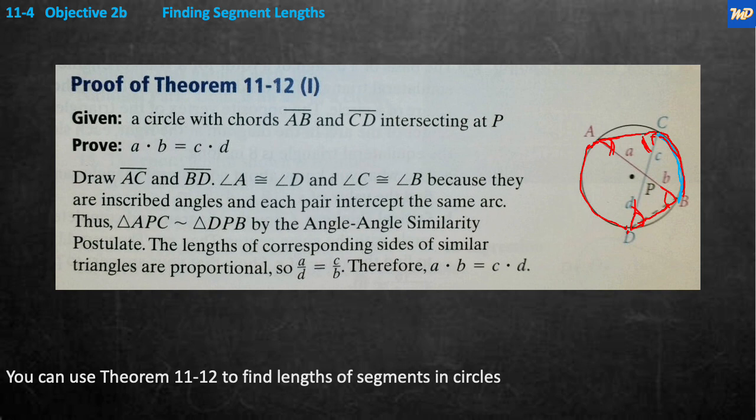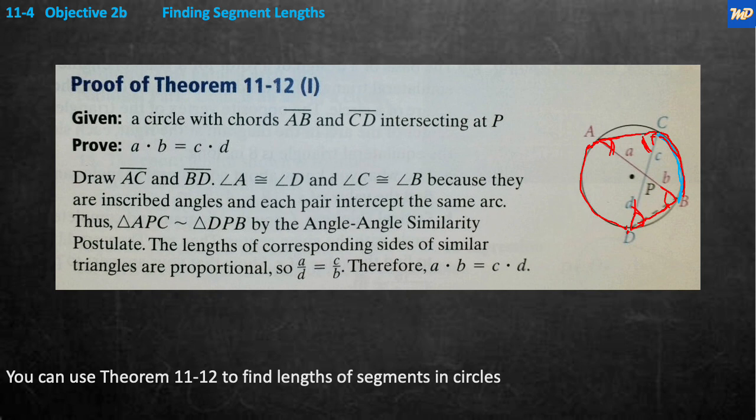So that's what they've set off in this first line because they are inscribed angles and each pair intercepts the same arc. Thus, triangle APC, we have two congruent angles.